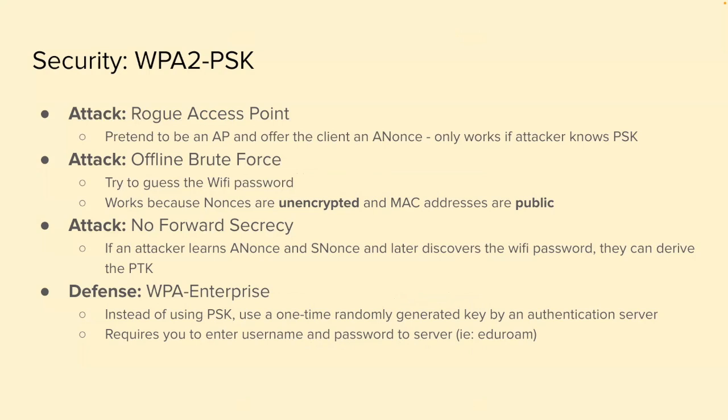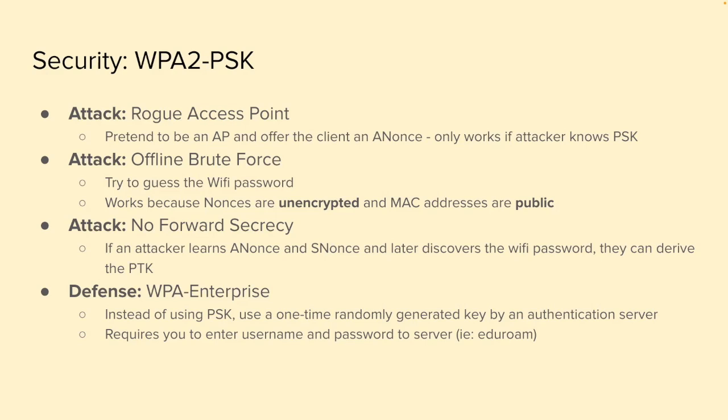The second attack, which I personally have tried in the past, is that you can try to brute-force the password of the Wi-Fi, because normally you don't have enough entropy in the Wi-Fi password. For example, 10 years ago, a lot of Wi-Fi passwords were just 1, 2, 3, 4, 5, 6, 7, 8. If you use that, you can break a lot of Wi-Fi connections. This works because the nonces are not encrypted and the MAC addresses are basically public. And if you guess the Wi-Fi password correctly, then you can connect.